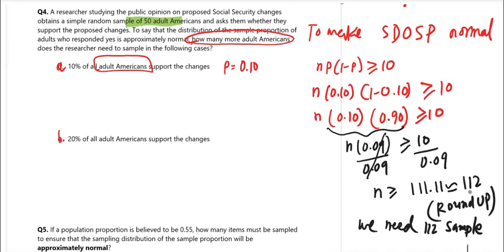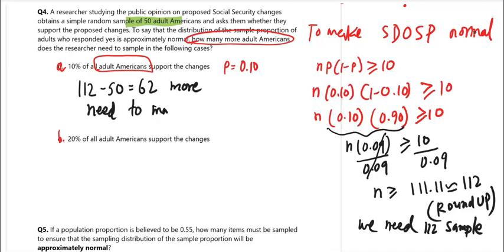But how many did they pick? They decided to pick 50, but that's not enough. So how many more do they need? 112 is what they require for the sampling distribution of sample proportion to be normal, but they picked 50. If you subtract 50, the difference is 62.